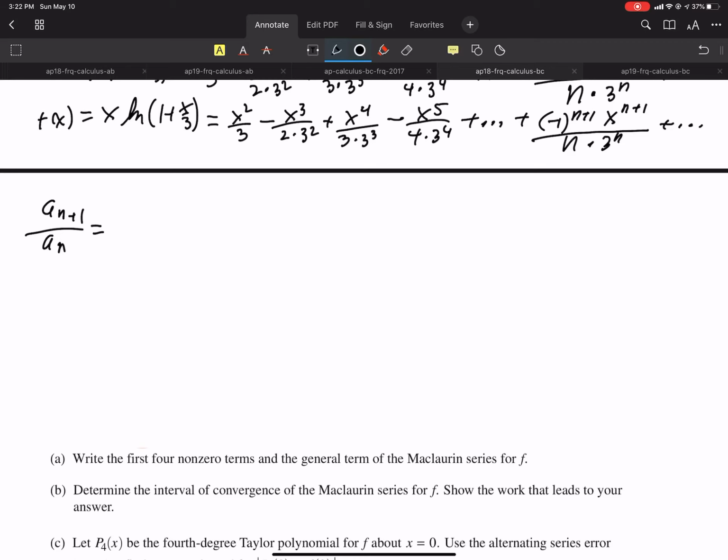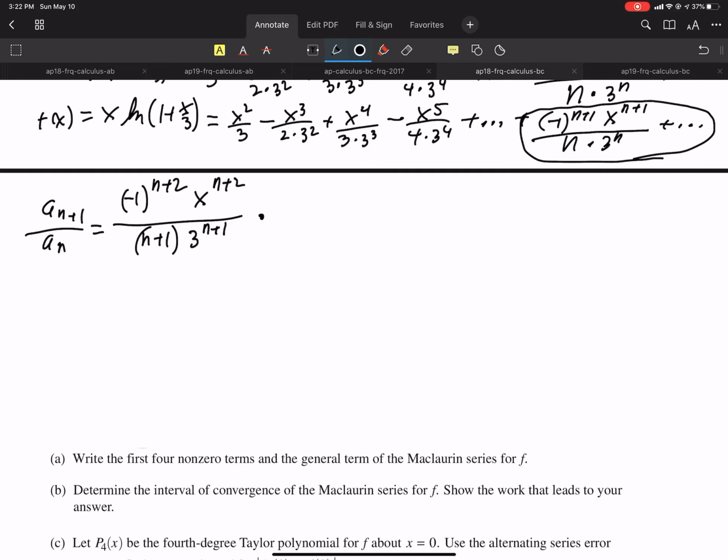So a sub n plus 1, I'm going to replace all the n's with n plus 1. So negative 1 to the n plus 1 is going to get n plus 2. X to the n plus 1 is going to be n plus 2 over n plus 1 and 3 to the n plus 1. So I just took this general term here and added 1 to all the n's.